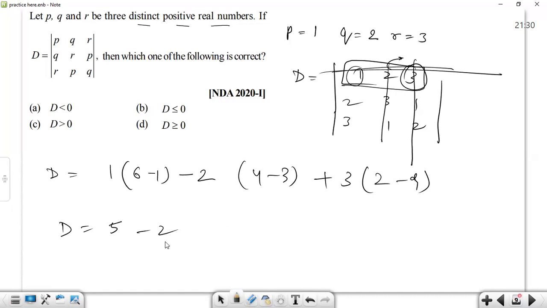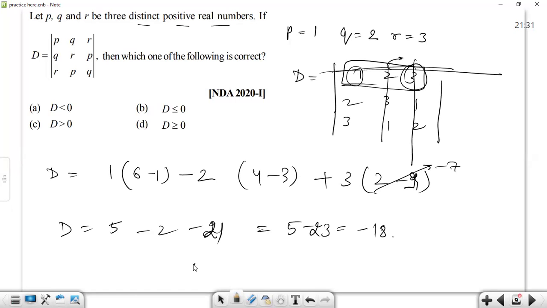Minus 2 into 1, minus 2. 2 minus 9 is minus 7, multiplied with plus 3, minus 21. That becomes 5 minus 2, minus 2 minus 21, which becomes minus 23, so minus 18. When we subtract 23 from 5, that is 18, and since 23 is negative and bigger, there will be a negative sign with the answer also. So the determinant here is negative.